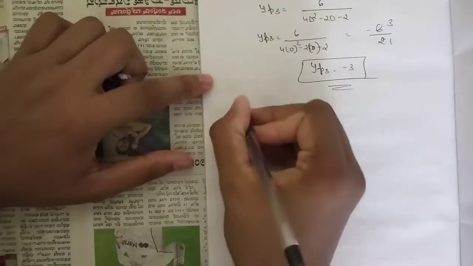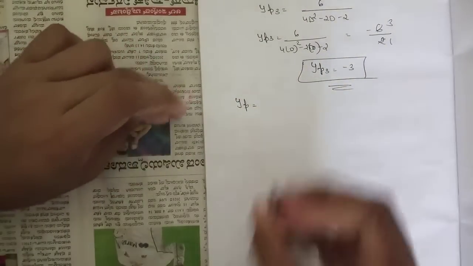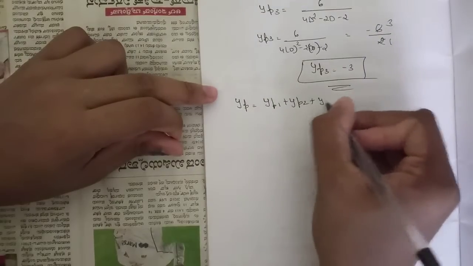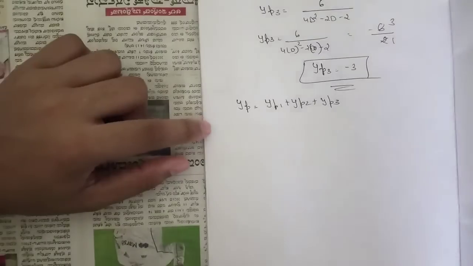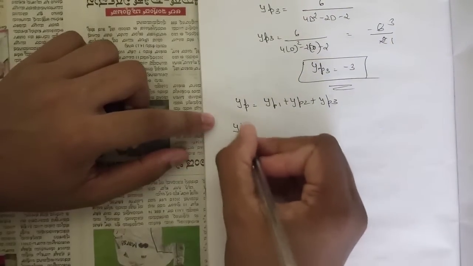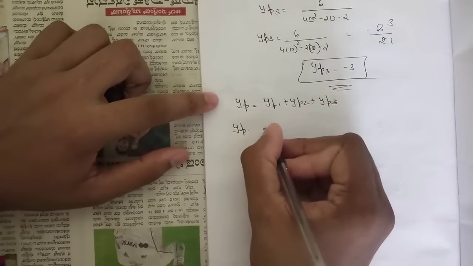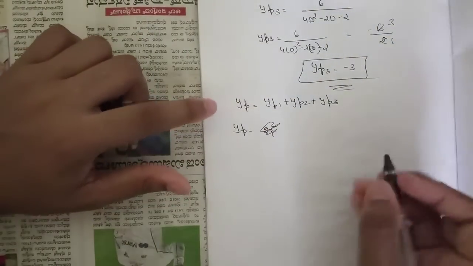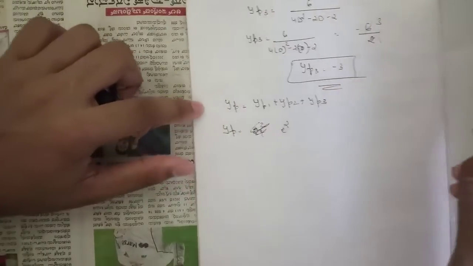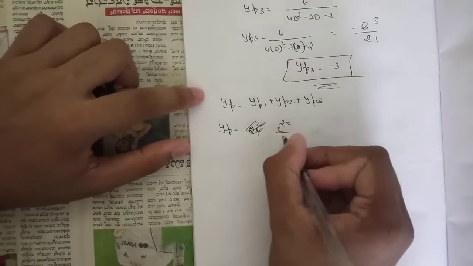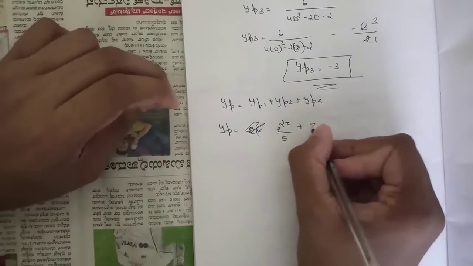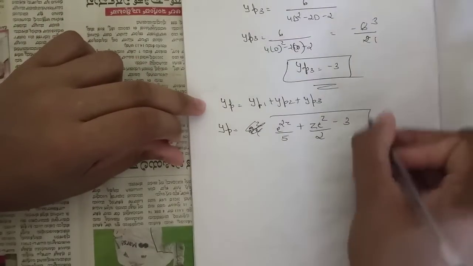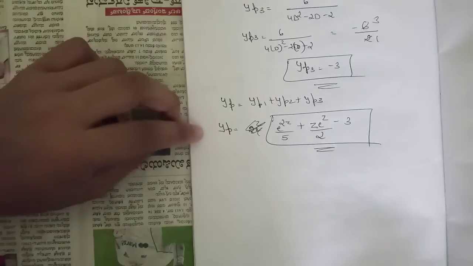so now let's write yp, that is yp1 plus yp2 plus yp3. So we got our yp as, yp1 we got it as e power 2z by 5, plus yp2 we got it as z e power z by 2, minus 3. So this is the required particular integral.